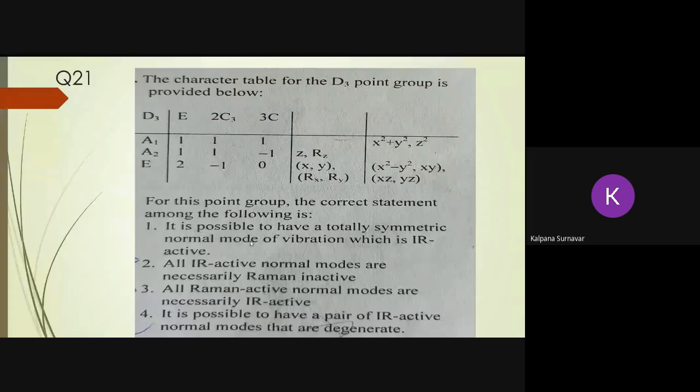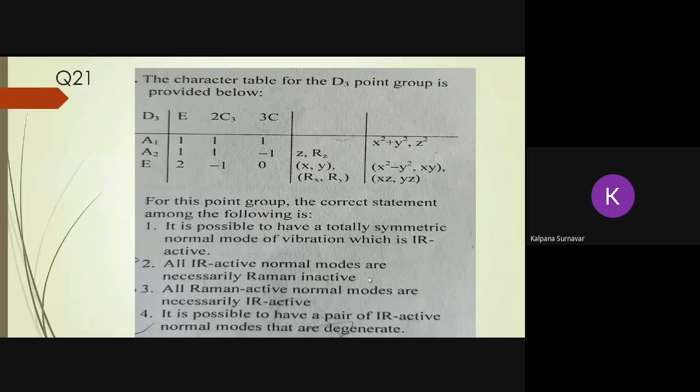The first option is, it is possible to have a totally symmetric normal mode of vibration which is IR active. Means the molecule is symmetric and the normal mode of vibration is IR active. This is the first option.